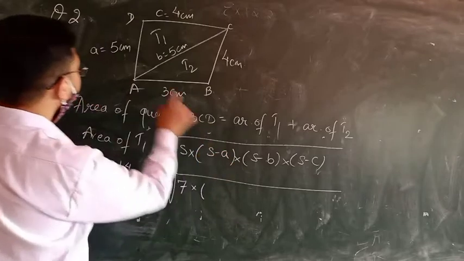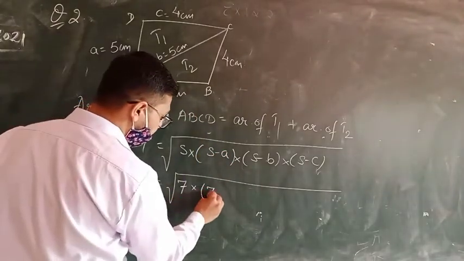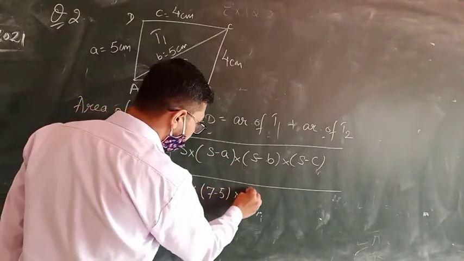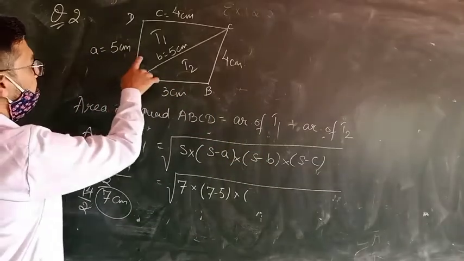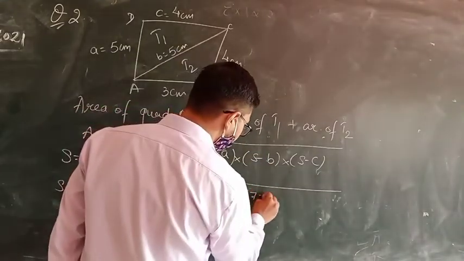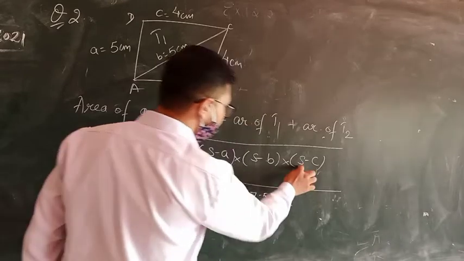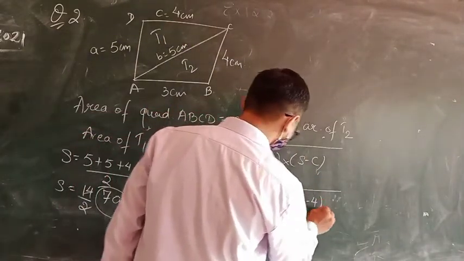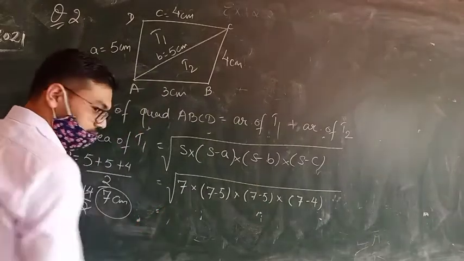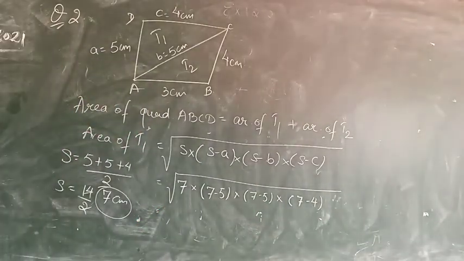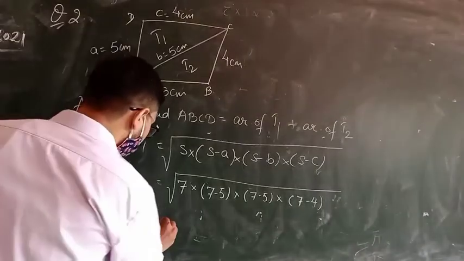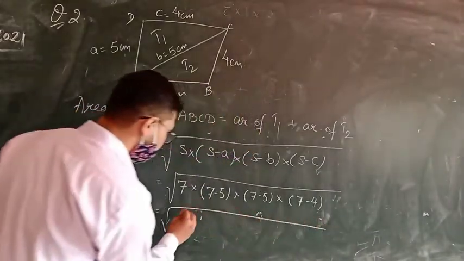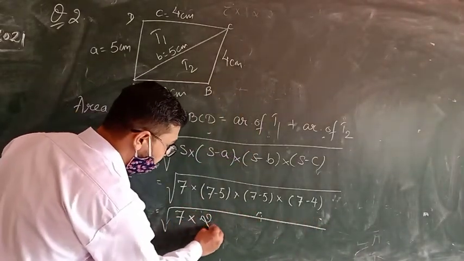In place of S minus A, you can write 7 minus 5. In place of S minus B, you can write 7 minus 5. In place of S minus C, you can write 7 minus 4. Now you can write 7 as it is. 7 minus 5 is 2.